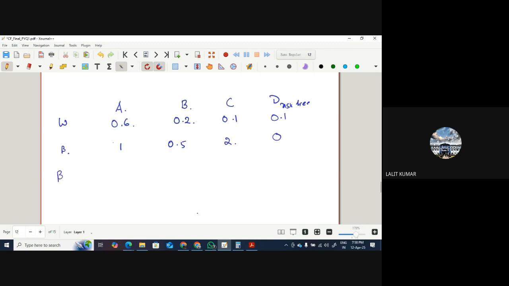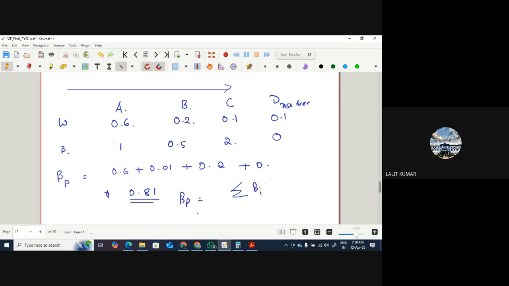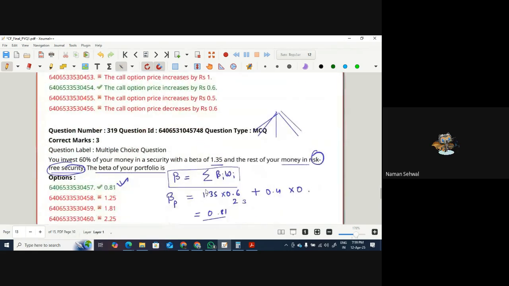So your entire portfolio beta will become 0.6 into 1, 0.6, plus 0.2 into 0.5, 0.1, plus 0.1 into 2, 0.2, so your entire beta will become 0.9. So if the question comes like this also, remember the formula: beta portfolio is equal to summation of beta i into weightage. Okay. Got it, sir.